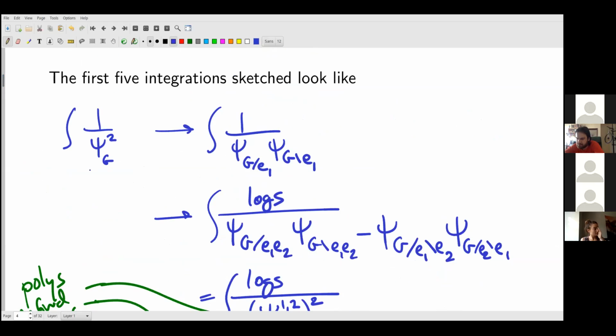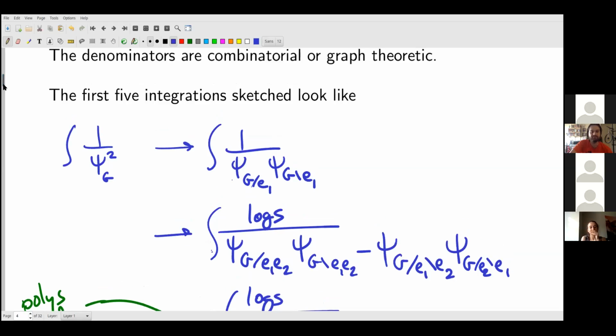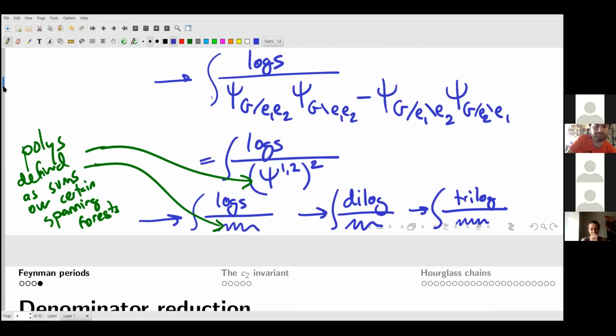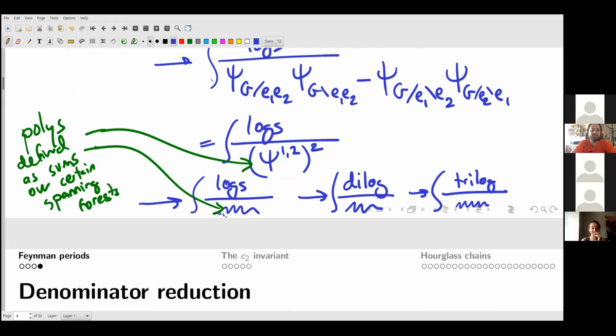So here, we integrated one variable. We integrated E1 to get here. We integrated E2 to get here. We integrated E3 to get here. We integrated E4 to get here. We integrated E5 to get here. And now we're at the end of what always works. So to here, it always works.